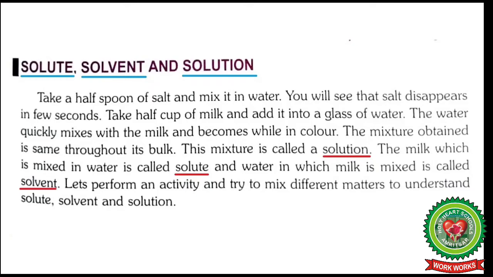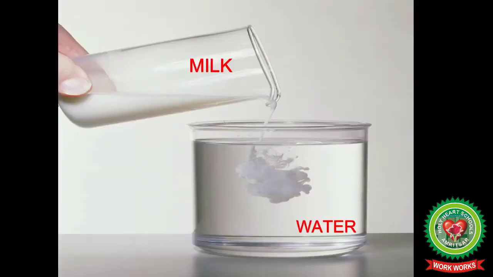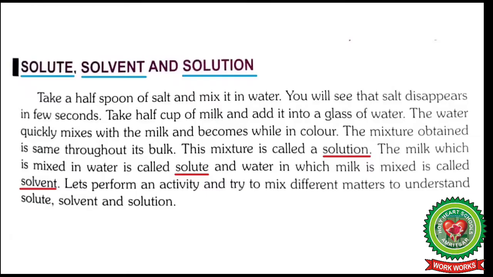This mixture is called a solution. So students, the milk which is mixed in water is called solute and the water in which milk is mixed is called solvent. Now students, let's perform an activity and try to mix different matters to understand solute, solvent and solution.